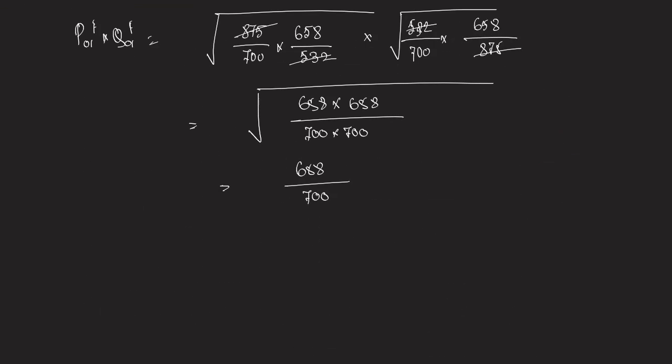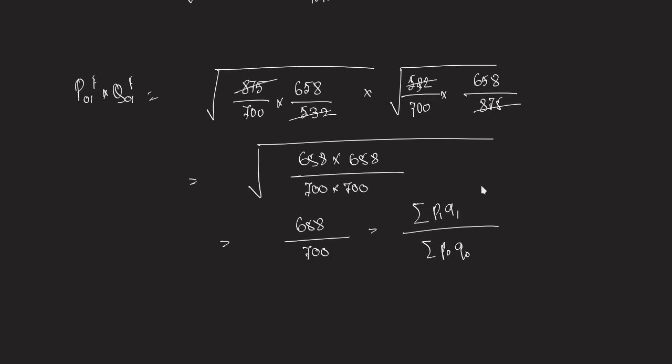So we can write that this is nothing but summation P1 Q1 by summation P0 Q0, which is the value index, that is V01F. That means Fisher's time reversal and factor reversal tests are satisfied, right? So this is how we calculate index numbers using this.